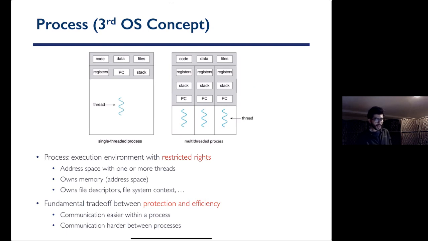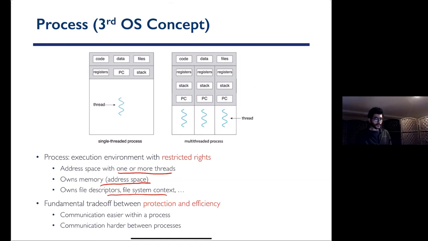So it's kind of a combination of one or more threads plus an address space and a bunch of other things like file descriptors, the file system context, and so on and so forth.